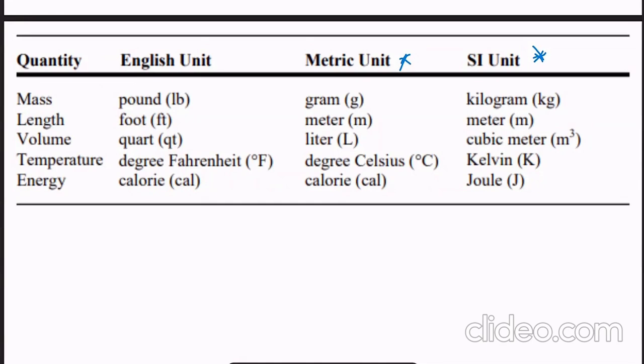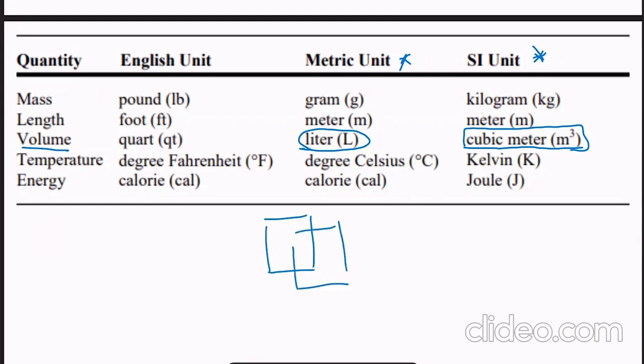I want to point something out here when we talk about volume. The metric unit for volume is liters, and SI units are based off of this metric unit. But it's not based off of liters, it's based off the cubic meter. So as far as an SI unit goes, we have to think more three-dimensionally and think of a cubic meter. I'm sure you've heard of cc's, right?